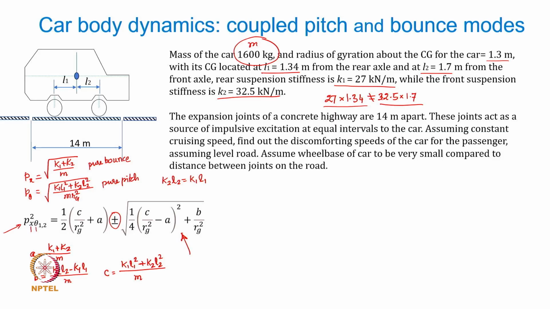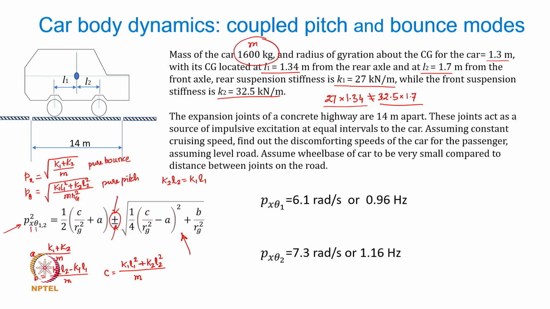However, we are clear that they are coupled actually, and the two natural frequencies px theta 1, if you take the negative sign from here, would be evaluated as 6.1 radians per second, or in cycles per second it turns out to be 0.96. If you substitute all the values with a positive sign here, you get the higher of the two natural frequencies, and that one will be 7.3 radians per second, or 1.16 hertz.